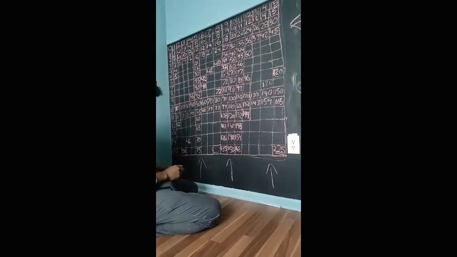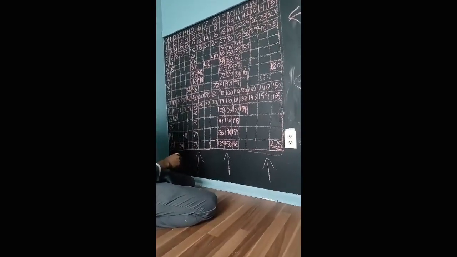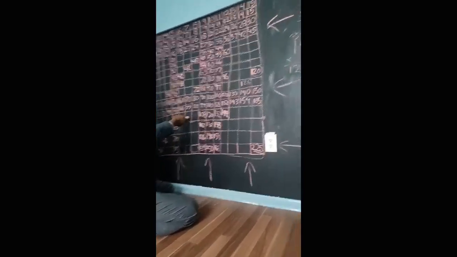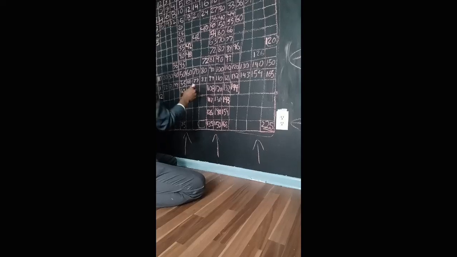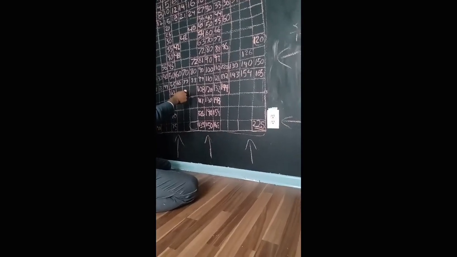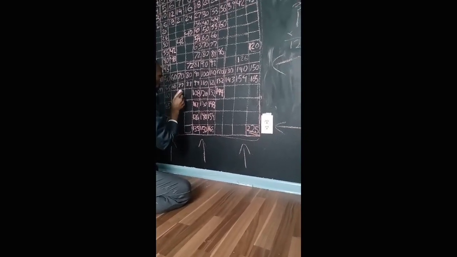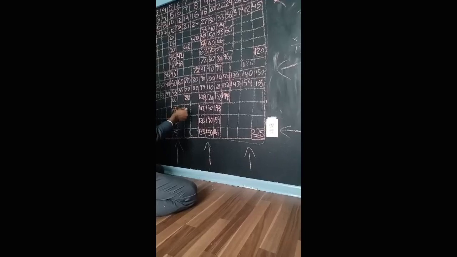Now, let's keep going. What's this? 90. Why? Nope. 88. 77, 70. 88, this should be 99, right?